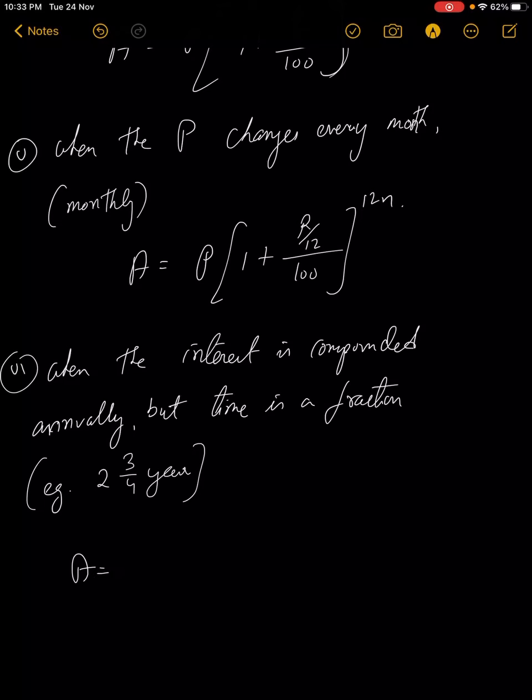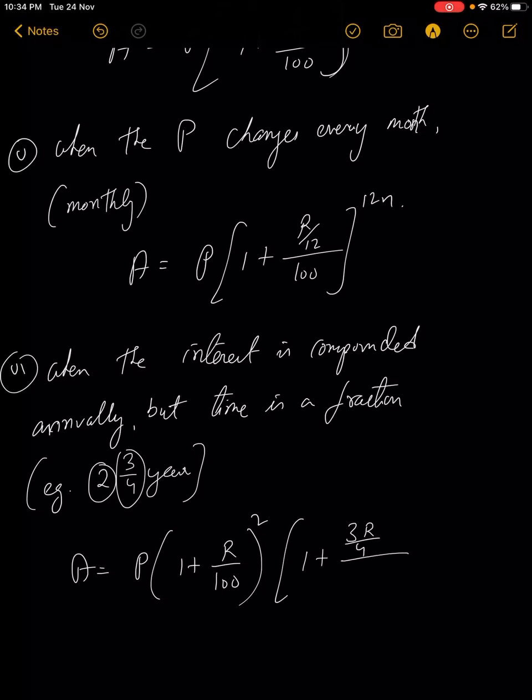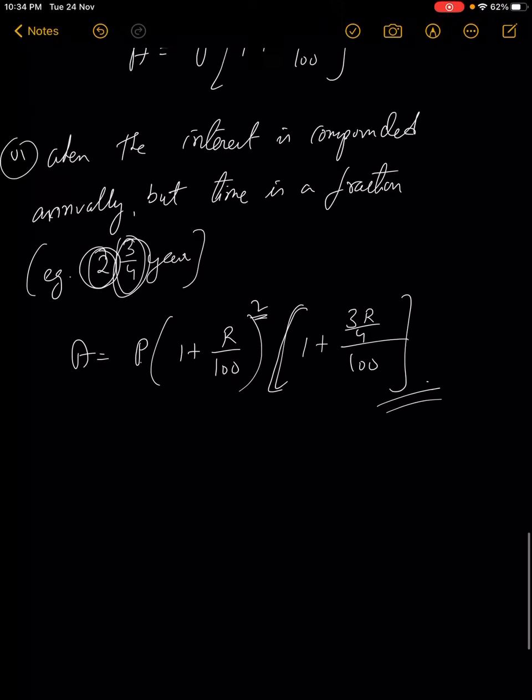Then for the amount, what we can do is principal into 1 plus r by 100 power 2. Got it? Similarly, into 1 plus 3r by 4 upon 100, and likewise you can carry on. So once again, principal into 1 plus r by 100 the whole power 2, into 1 plus the fraction 3r, rate of interest, by 4 into 100.